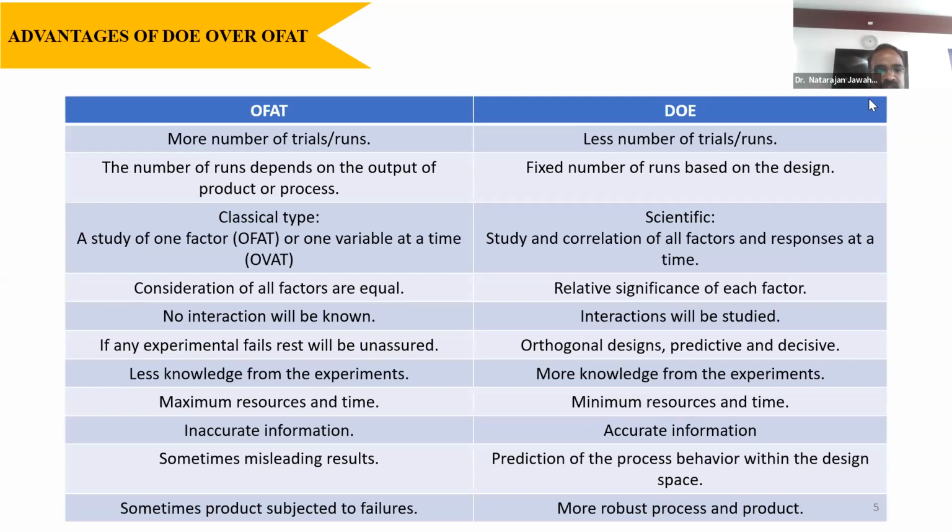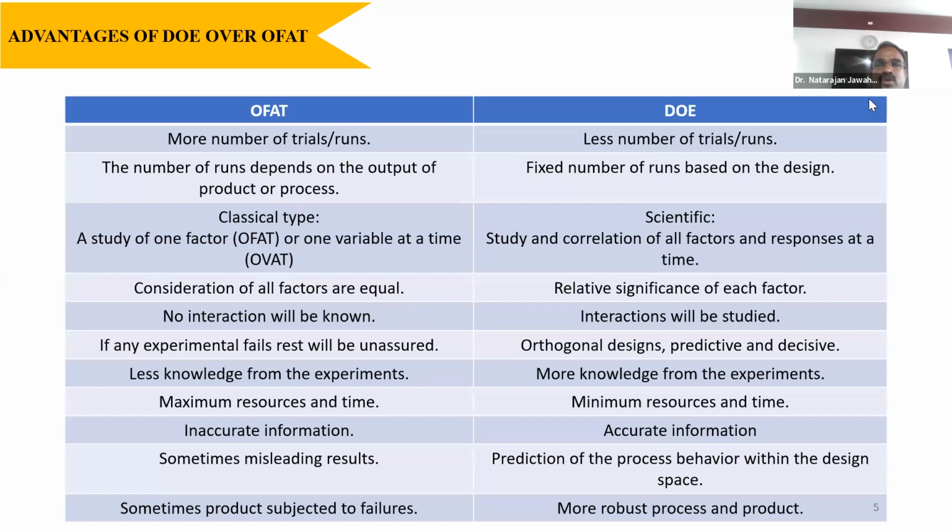And in OFAT, if any experiment fails, the rest will be unassumed. But DOE is an orthogonal design. It is very predictive and decisive. In the conventional method of optimization, you cannot get more knowledge about your experiment.